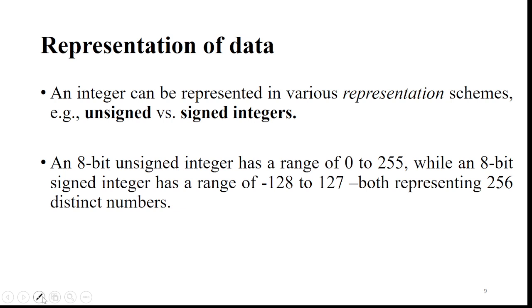So we have unsigned integers, and we have also signed integers. Unsigned integers represent non-negative numbers, that is the 0 and the positive numbers. So for example, an 8-bit unsigned integer has a range of 0 to 255.